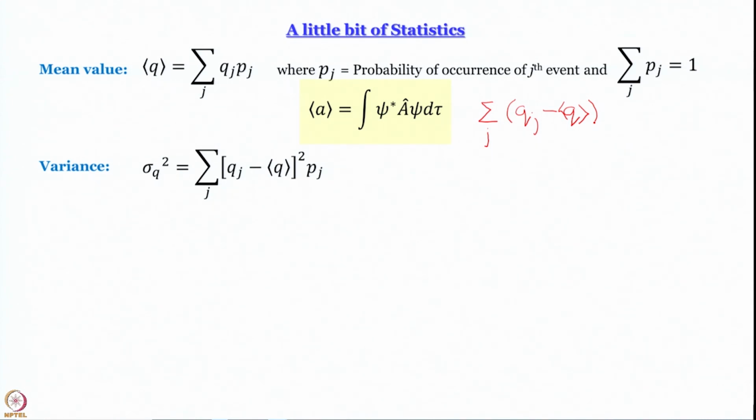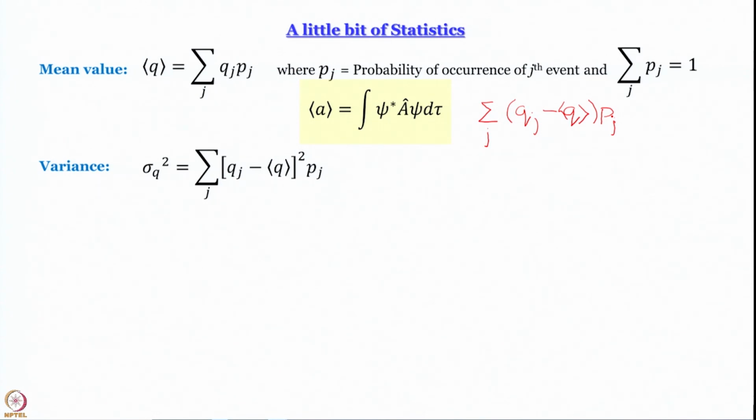Well, we can also write Pj here, because we are performing a large number of measurements, we should write probability. So, what we get is the mean value of deviation. What do we expect this to be?